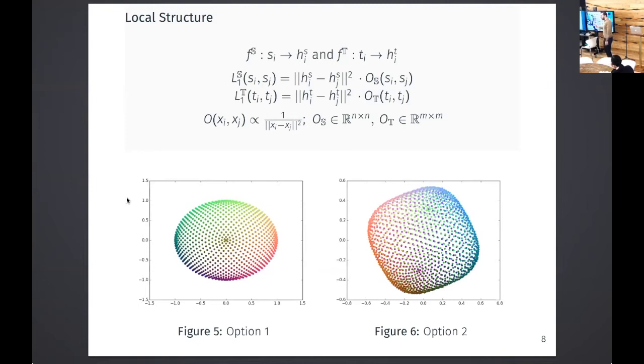And this has to do with that loss function that I have highlighted up there. So let's say we have a loss for the source and the target. What we're going to do is measure the distance between points in the hidden dimension, say Euclidean distance. If they were close in the original domain, if they were related, we'll have some function, some matrix that returns a value that's big, right?